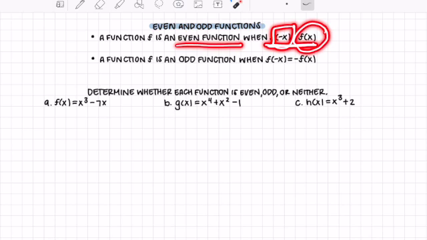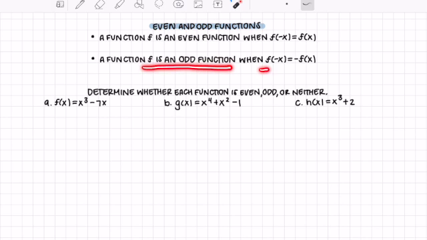All the signs should be the same. Nothing should change. If a function is odd, when you substitute negative x into the polynomial function, all your terms should have the opposite sign. The positives should be negative and the negatives should be positive. And neither just means it's not odd or even.